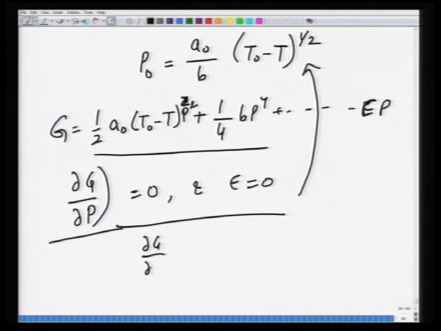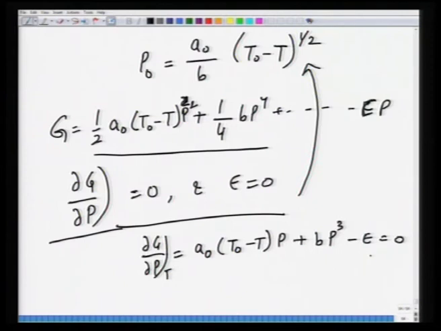So, you can see del G by del P will be equal to A naught P plus B P cube, and if you ignore the higher order terms, this is equal to 0.